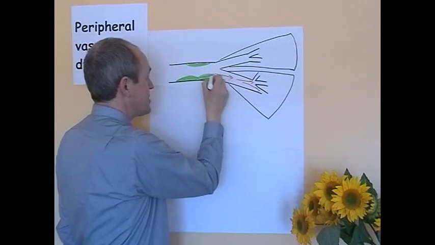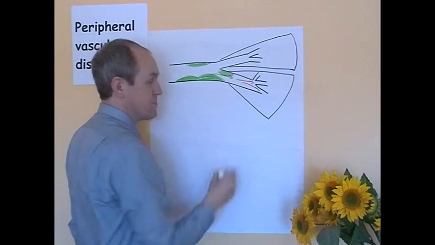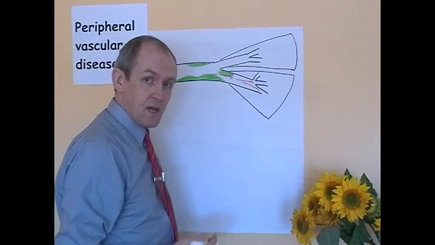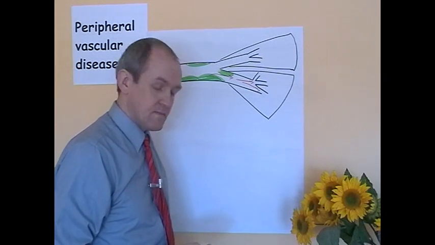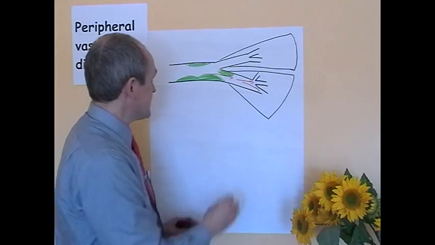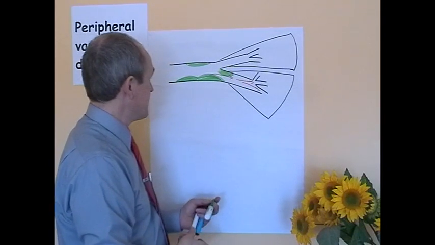So there is accumulation of fatty material in the lumen of the arteries, largely made up of cholesterol, depositing itself into the lining of the arterial vessels, occluding the lumen.